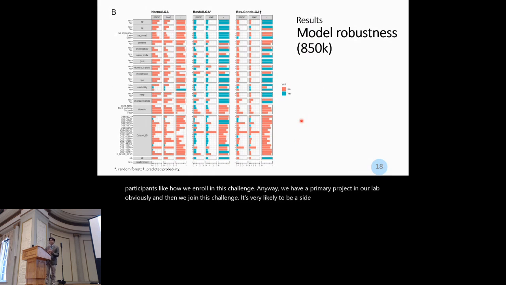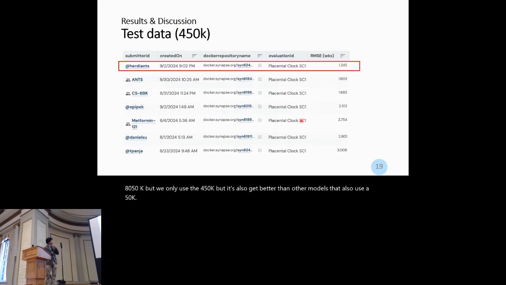I honestly just do this over the weekend because I don't want to use working hours for a side project, and then we ran out of time and didn't have time to complete all the models for the 850K, but we only used the 450K. But it also performed better than other models that also use 850K. So it's enough result.